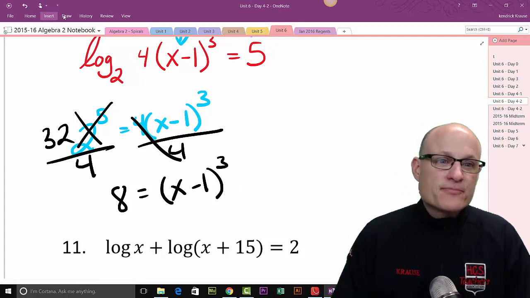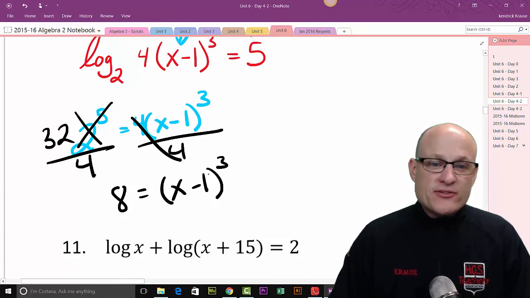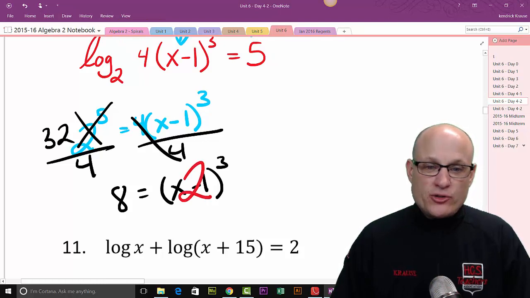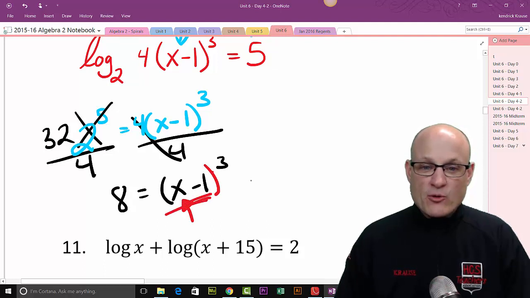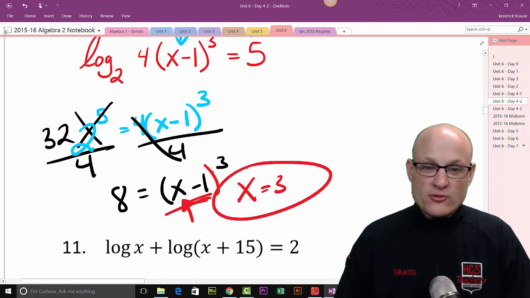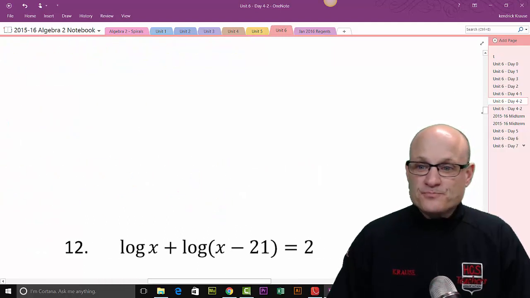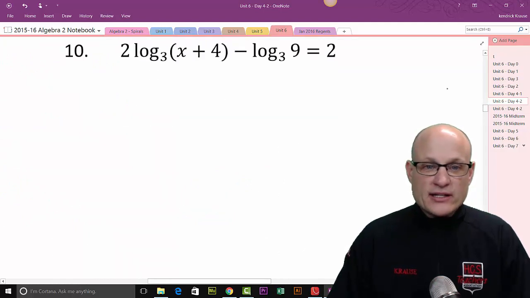My brain says that if this thing in here is a 2, 2 cubed is 8, correct? So what am I going to put in here for x to make this thing equal to 2? That would be x equals 3. Because 3 minus 1 is 2. 2 cubed is 8. Done. Yes, you should check them.